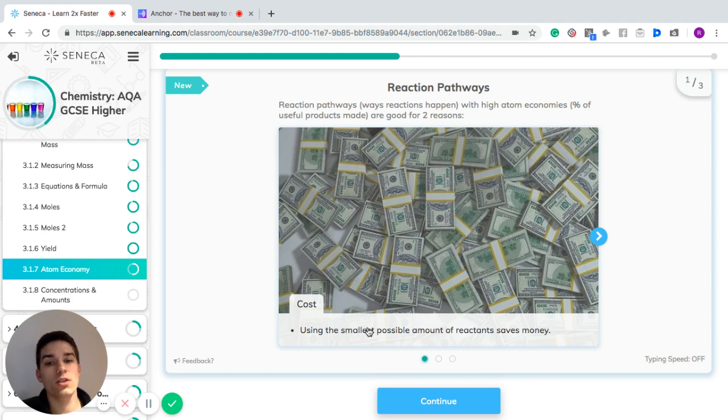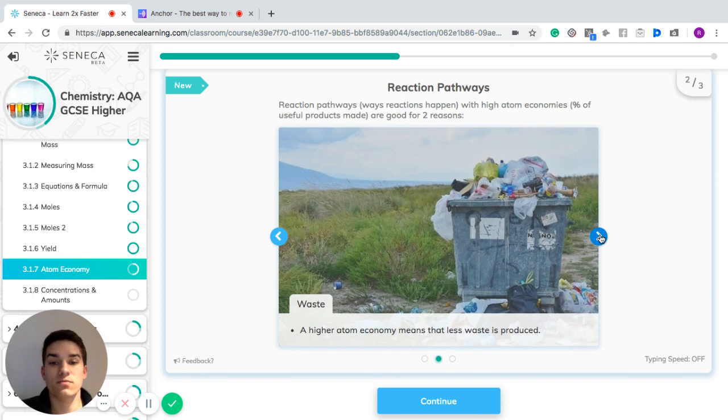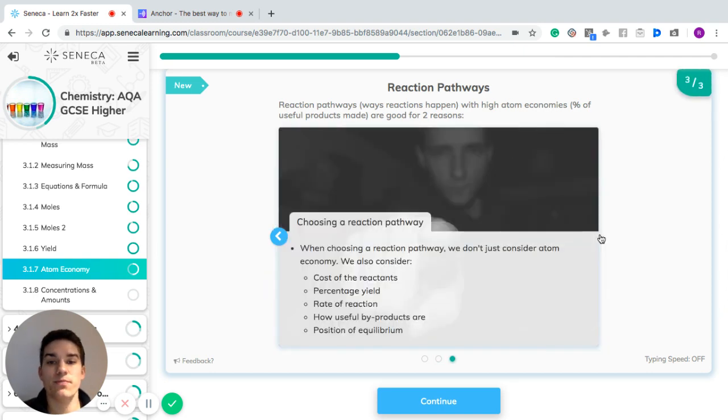First of all, the cost. So the smallest possible amount of reactants leading to desired products will save money in a reaction. It also reduces waste. So a higher atom economy will mean that less waste is produced.